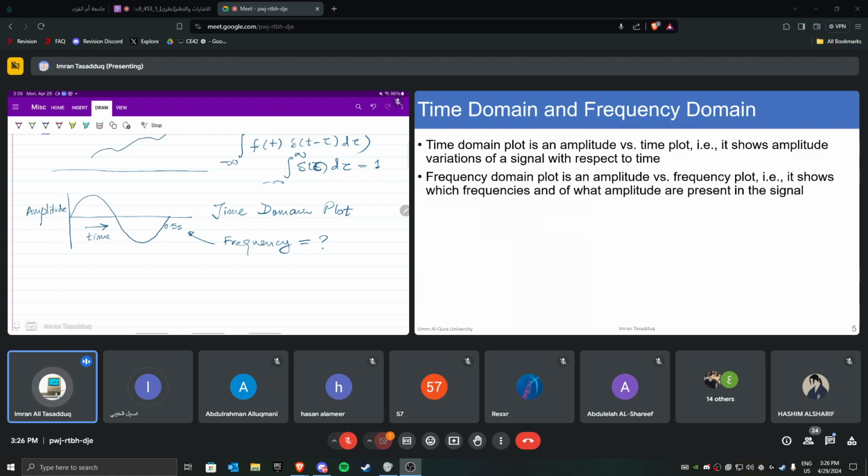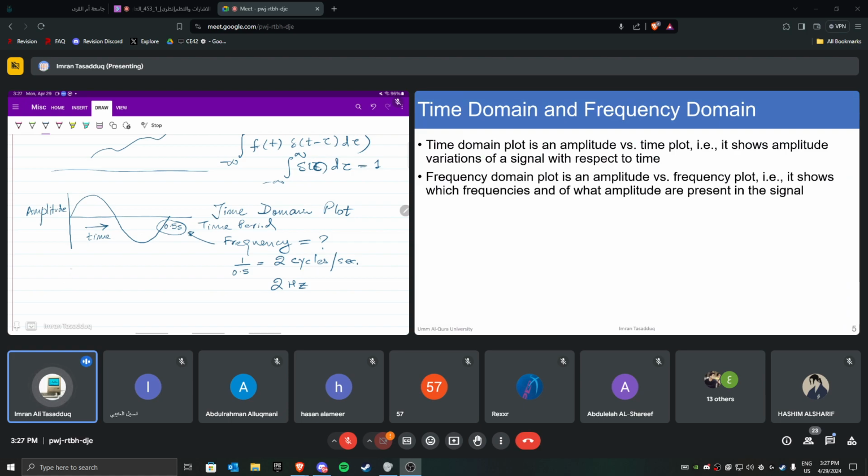How many cycles is it making in 1 second? 0.5 second is the time period, not the frequency. This 0.5 second is the time period. 1 over 0.5 is 2. So it is making 2 cycles per second, or in other words, the frequency of this signal is 2 hertz, right?